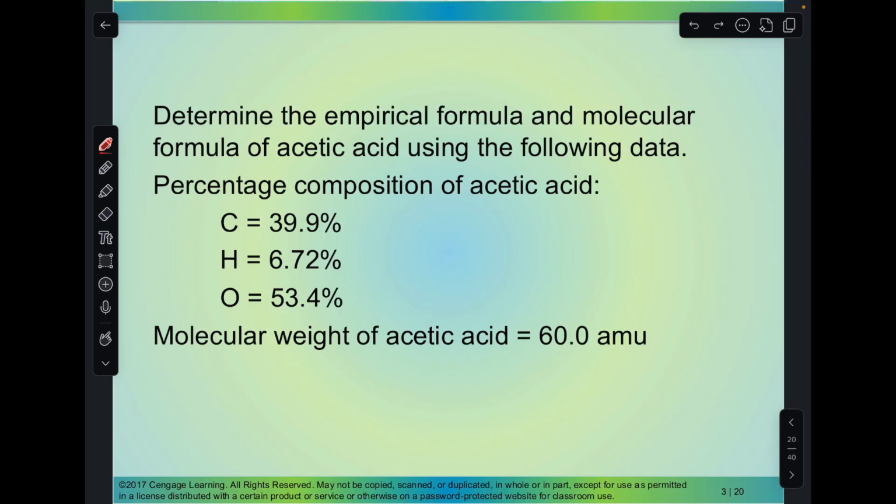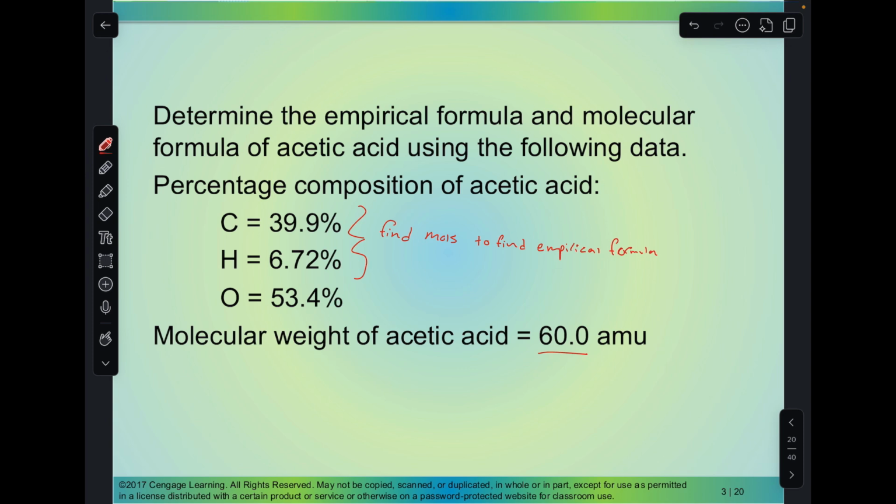So go ahead and give this a shot actually, and then we can continue. We have the percentages here, and we want to find moles of these percentages. And we also have 60 AMU. We want to find the empirical formula, and then we want to find the molecular weight.